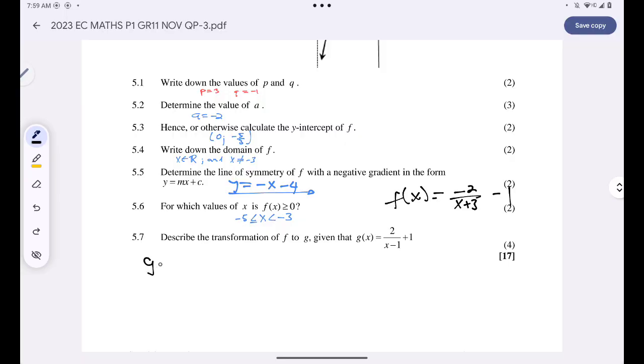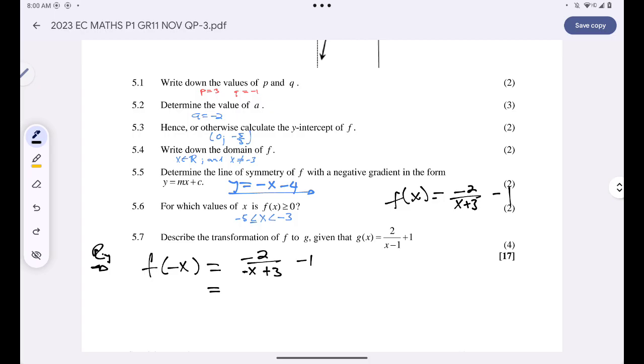So the first thing that took place, they reflected the graph on the y-axis. Let's say r on y. Whenever you do that, you are just going to change the sign of x. Okay, you have -2 over x plus 3 minus 1. Remember that there's a negative there.